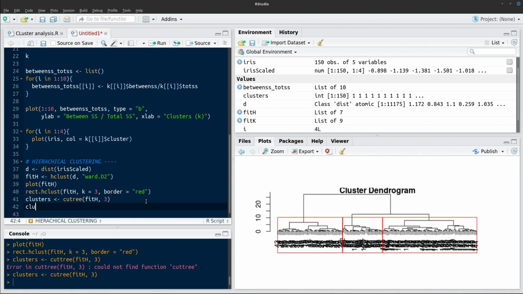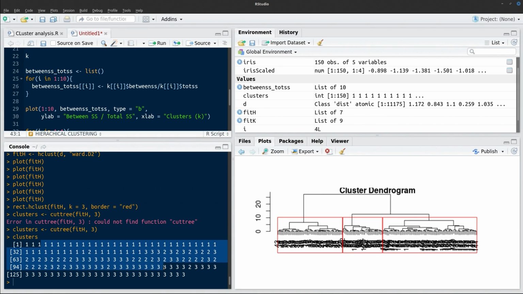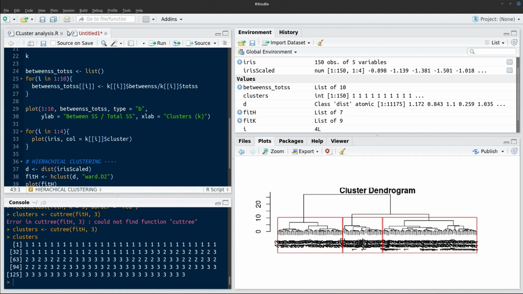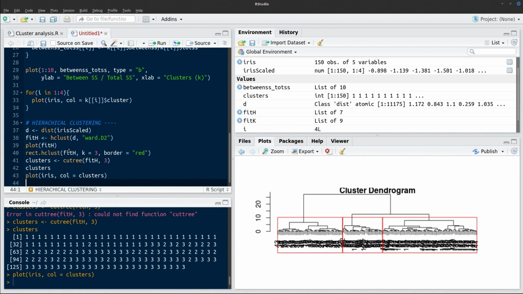And if we call clusters, then we get a vector of cluster membership for every observation in our iris data frame. And then we can evaluate the suitability of our clustering algorithm by plotting the iris data frame and coloring based on cluster membership from our fit-H clustering model.